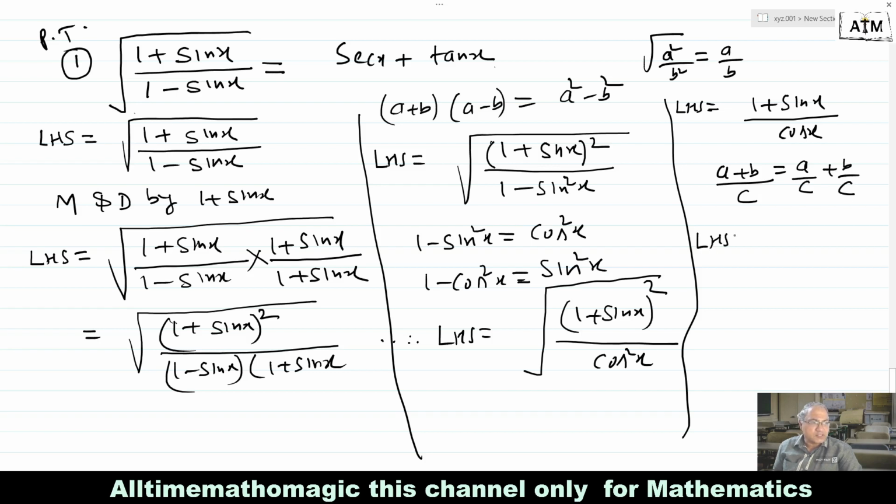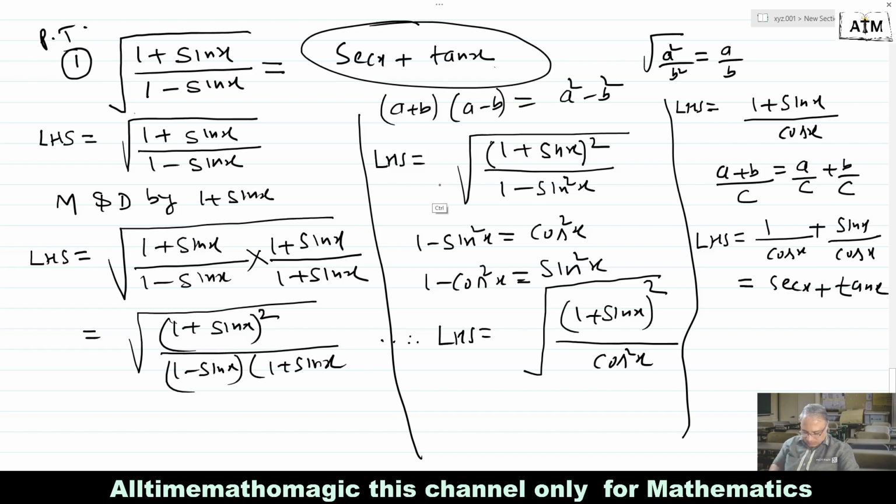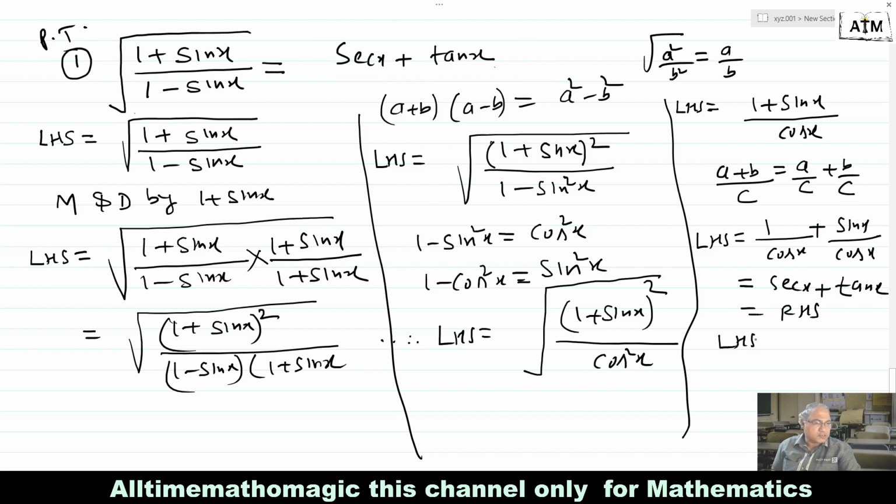Therefore LHS can be written as 1 upon cos x plus sin x upon cos x. 1 upon cos x is nothing but sec x, and sin x upon cos x is nothing but tan x. So this is the RHS. Therefore LHS equals RHS, proved.